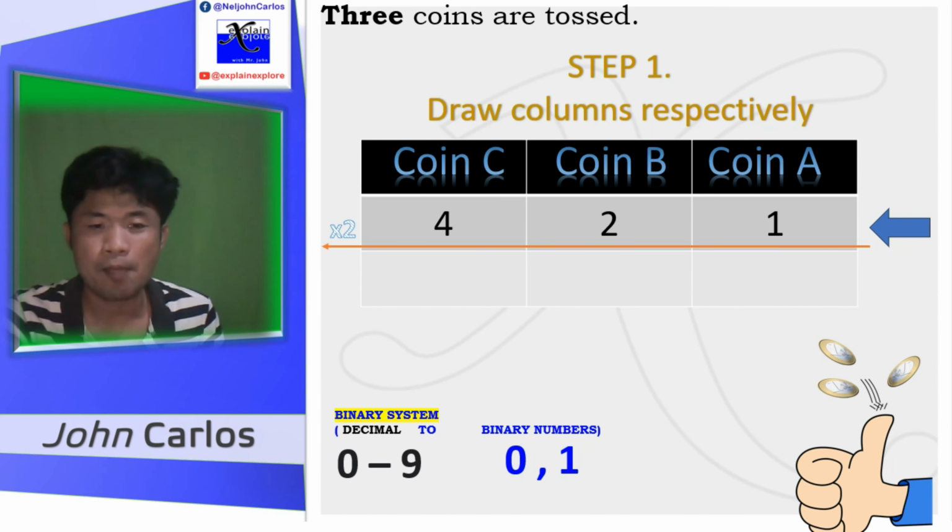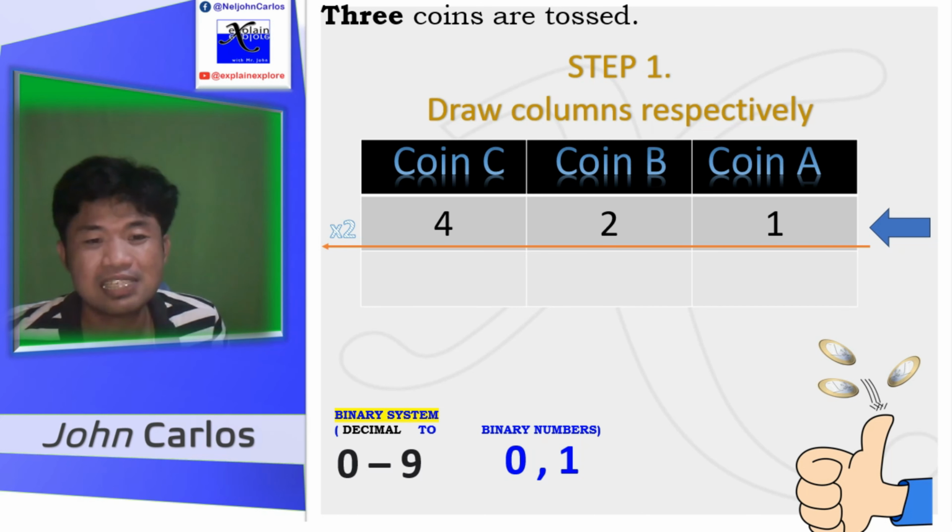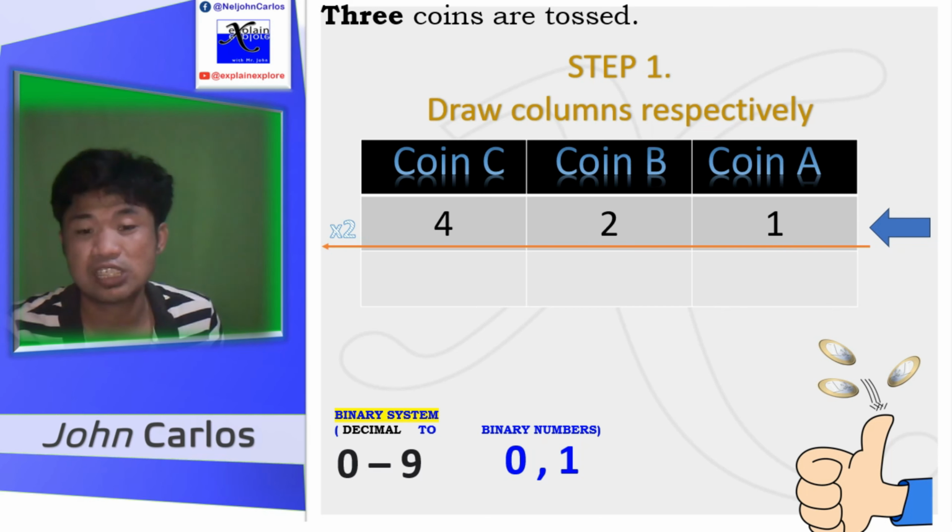Three coins are tossed. Step one, we draw columns respectively from right to left: coin A, B, and C. Since we have three coins, we draw three columns. We will now adapt the concept of converting decimal to binary numbers.